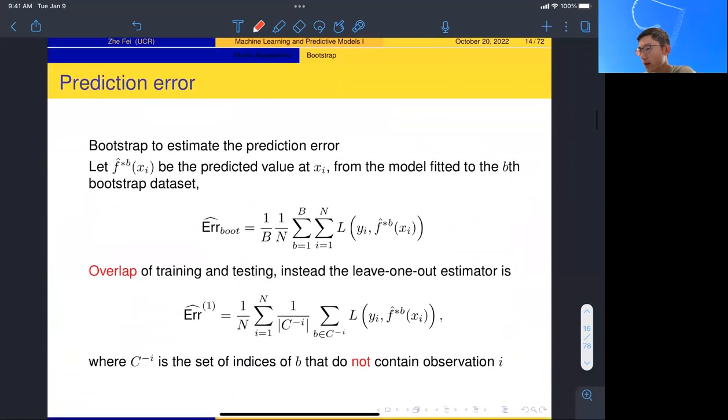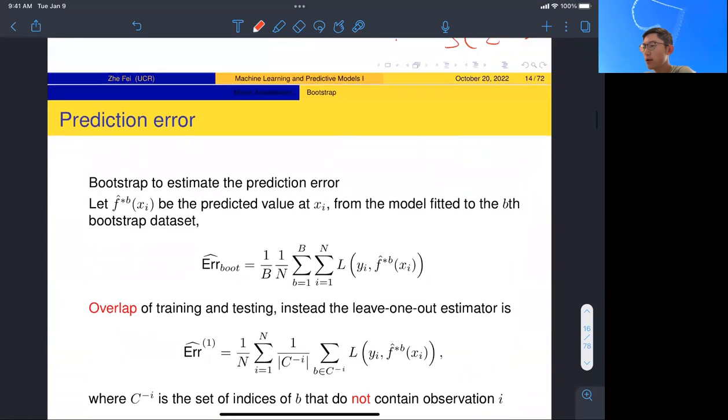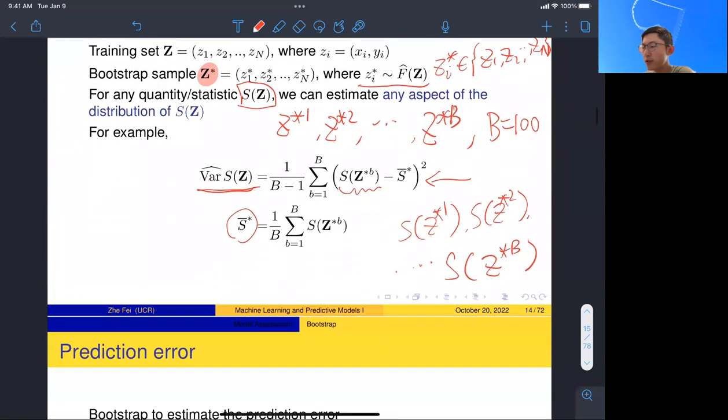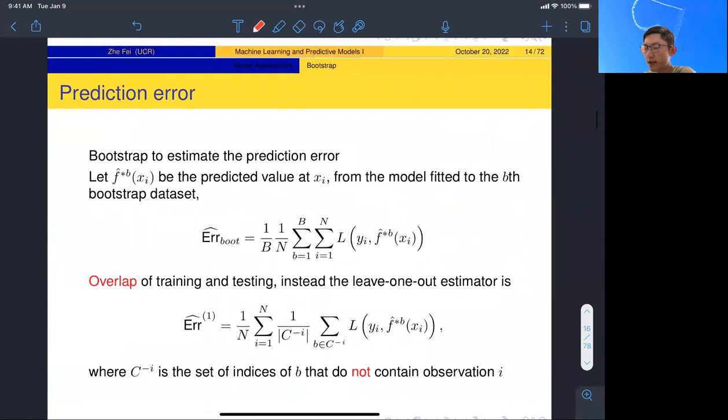So this simple procedure may not be 100% accurate, but people try to further investigate how much bias we might have from this bootstrap procedure. The bias is evaluated in terms of the error, or the prediction error. Similarly, instead of S of Z star b, we replace it with F hat.